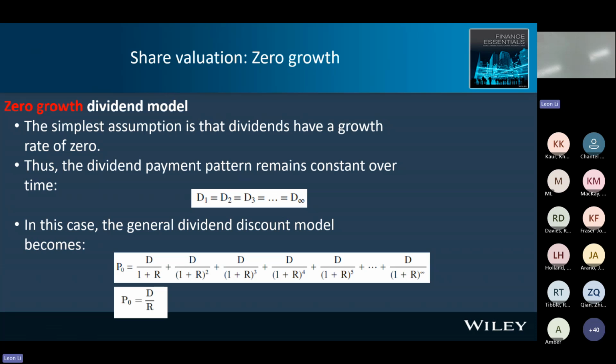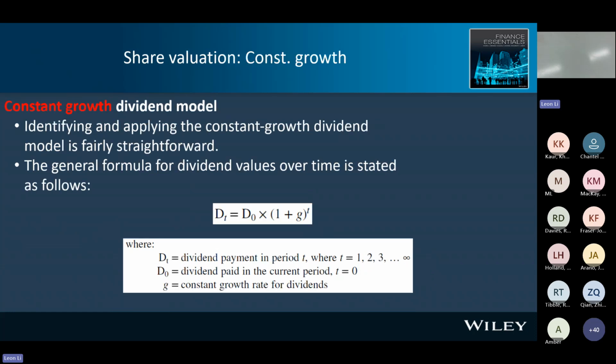But you know, dividends will change. They should not be a constant, so we don't pay too much attention to this special case. Now we consider the second special case, constant growth. We have dividends, and the dividend has a constant growth. Identifying and applying the constant growth dividend model is very straightforward.